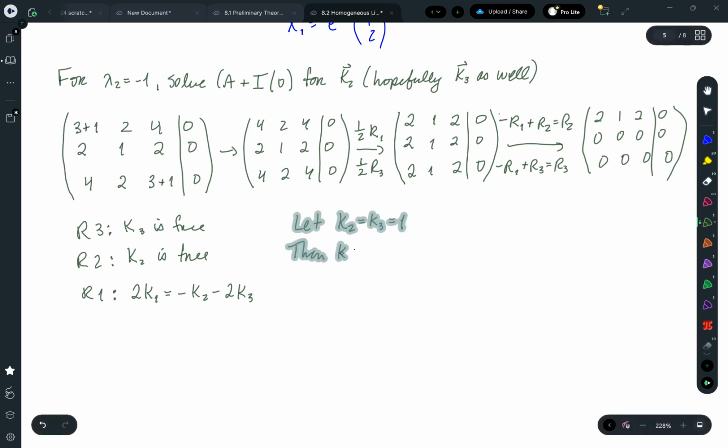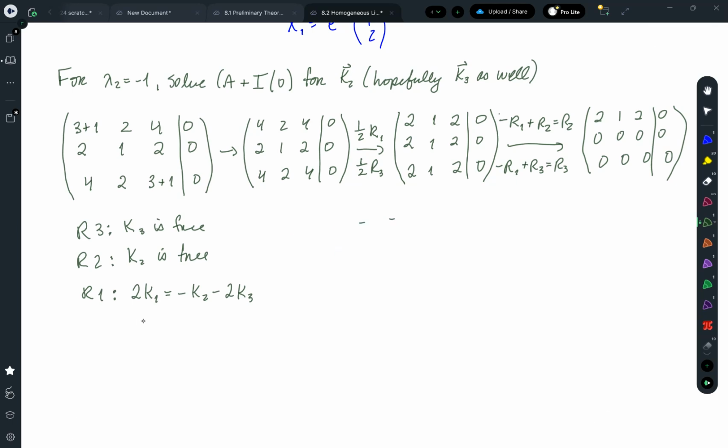Hang on before I make that choice. I didn't fully simplify my K1. K1 is equal to a negative 1/2 K2 minus a K3. That changes how I want to define K2 and K3. I'm going to let K2 equal 2. And K3 will be 1.